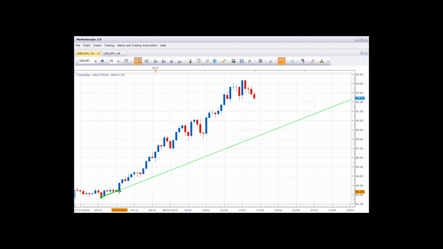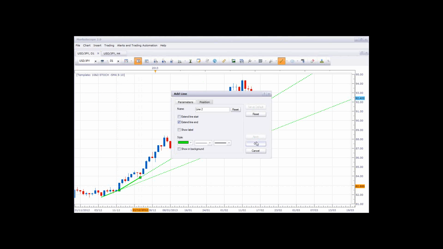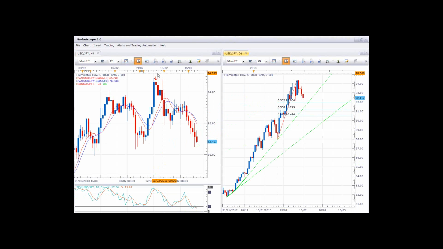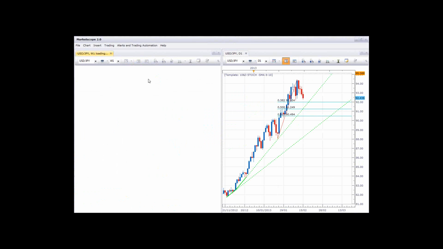Simply because the sellers are in control with the two gravestone dojis in a row. I've got another day before it turns. So next week there could be some correction to the upside, and then it may reverse down for that correction to about the 90, even the 89 level.